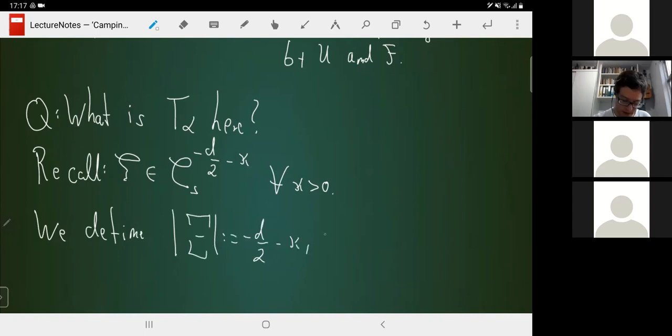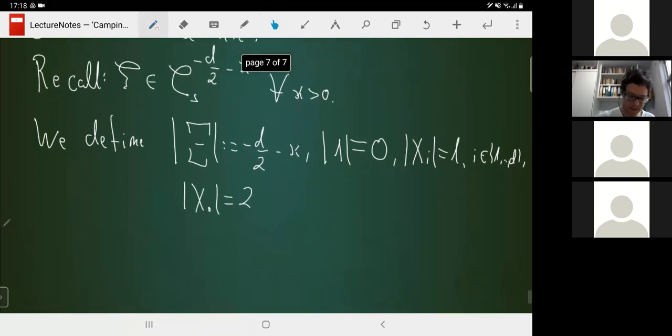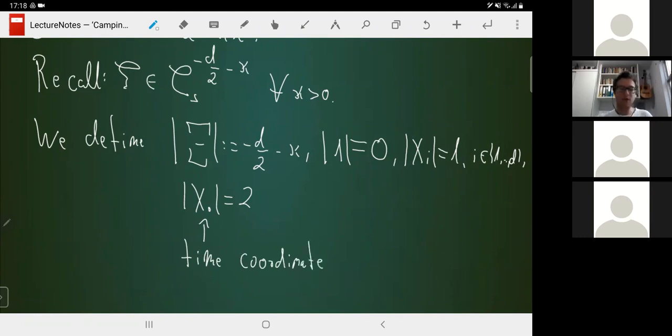Then the order of 1 is 0. The order of xi is 1, if i is between 1 and d. The order of x0 would be 2, because time counts double. That's the time coordinate. So this gives us the homogeneities of these basic symbols.